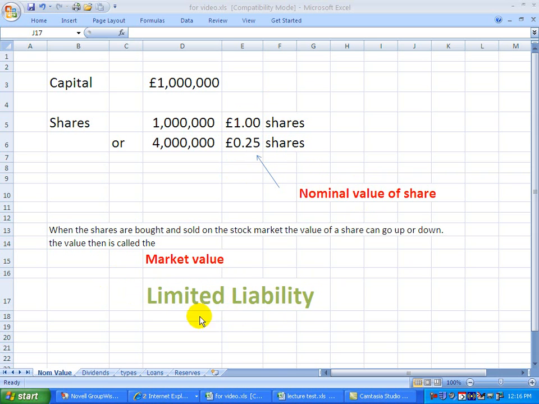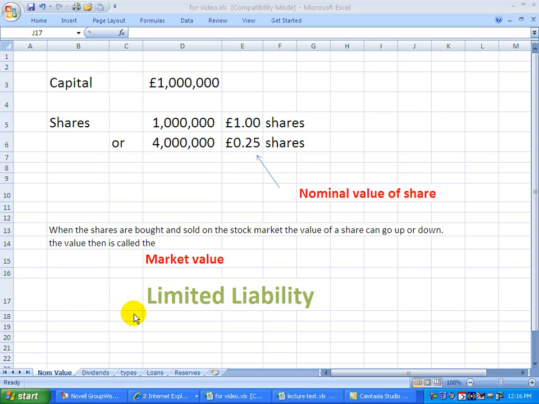Another important point to note on companies is that the shareholders have limited liability, which means that their liability is only limited to the amount of shares that they've purchased. So if you've bought 1,000 £1 shares in this company, that's all you can lose. You can't lose any more than the shares that you've got. If the shares go to zero, you're not going to get any money back for your shares, but you can't lose any more.